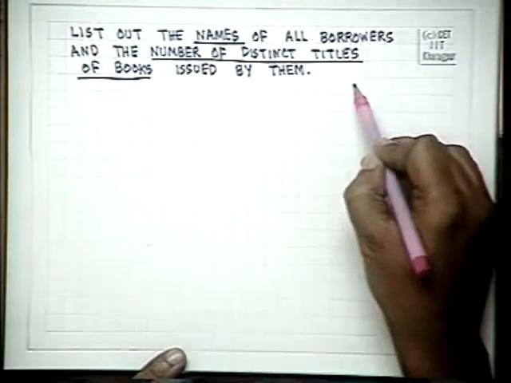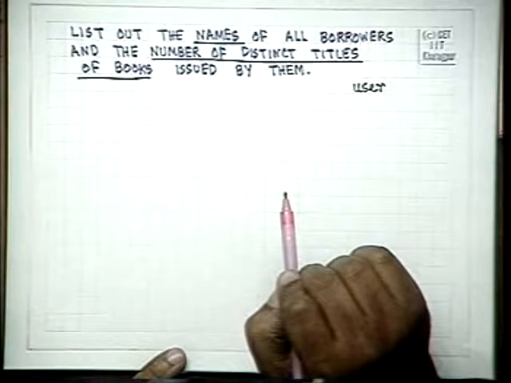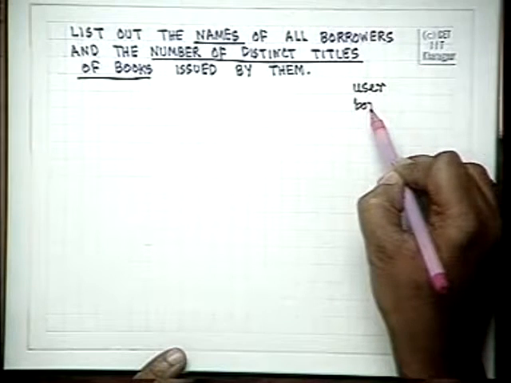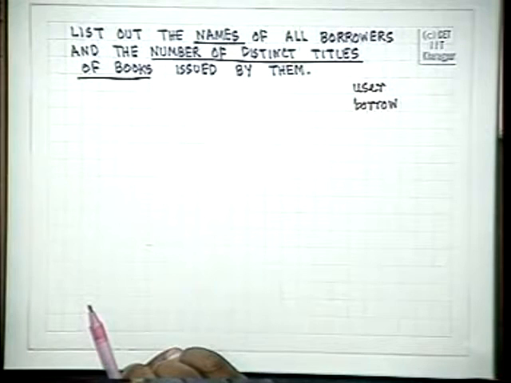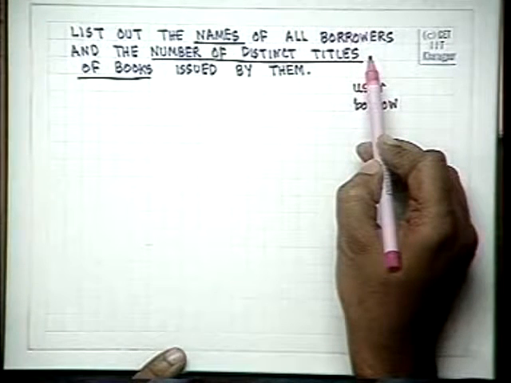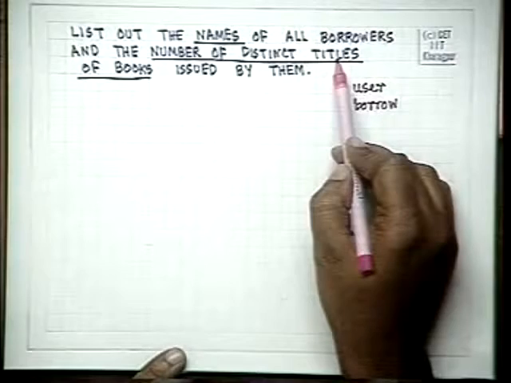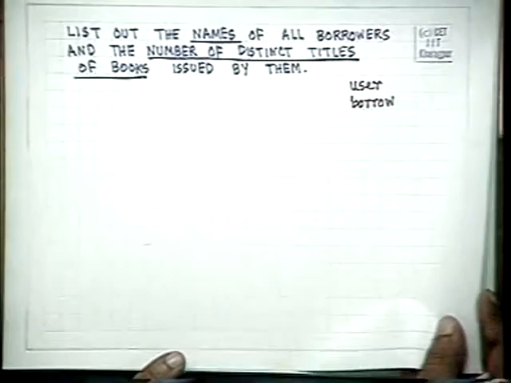We will require the user relation, and we will require the borrow relation to get what books they have borrowed. And that is not sufficient because we are asking questions about titles. Suppose we are bothered only about the distinct books issued by a particular borrower, then it's fine. So let us tackle that problem first, then we will come to this problem.